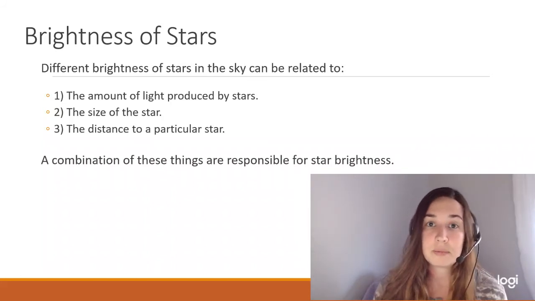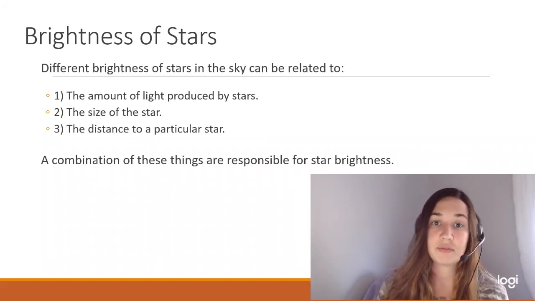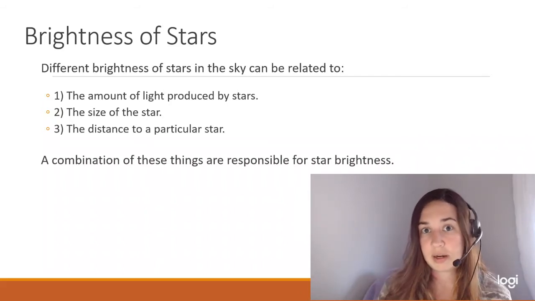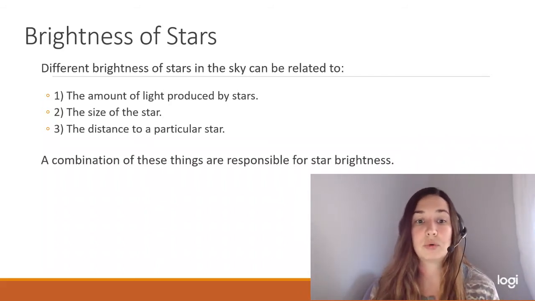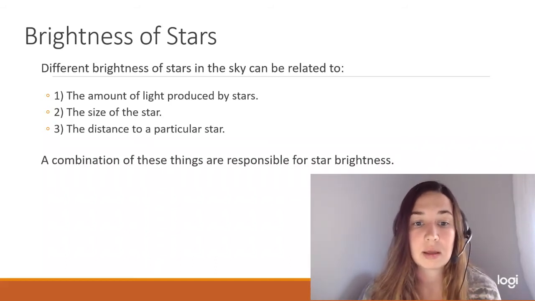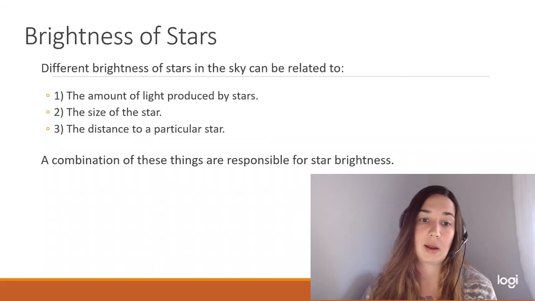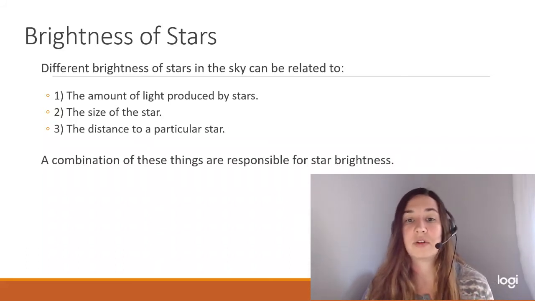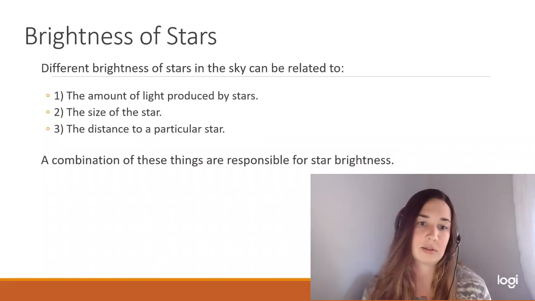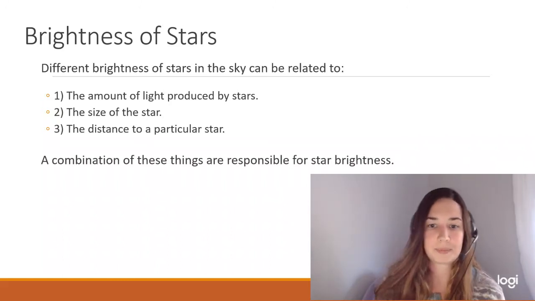And sometimes you'll see that there's a combination of these three things that are responsible for star brightness. So if you have 2 or 3 of these things interacting together, you might see that brightness changes depending on, say, if the star is very far away but still very large. They might be just as bright as a star that's smaller but closer.